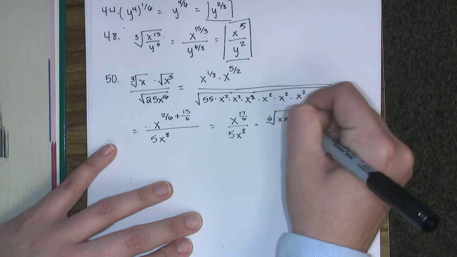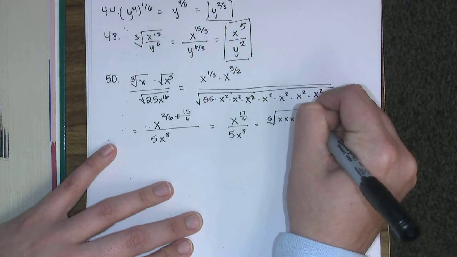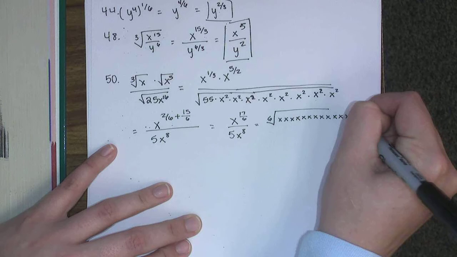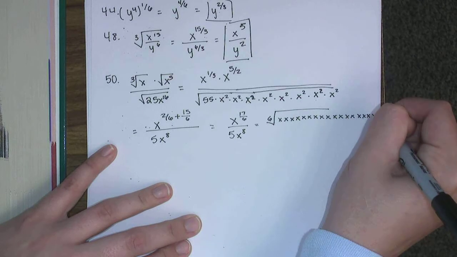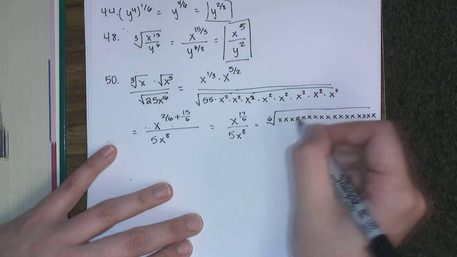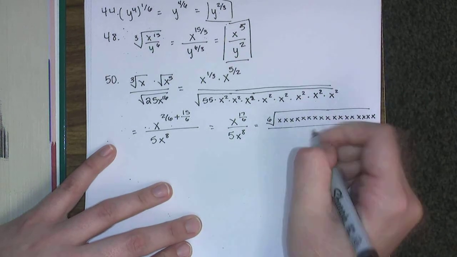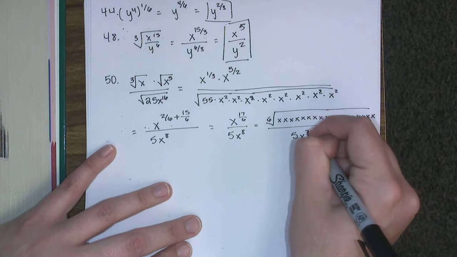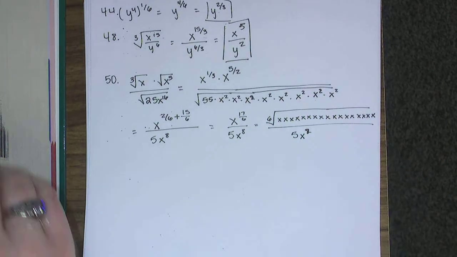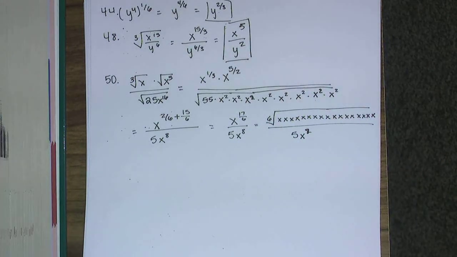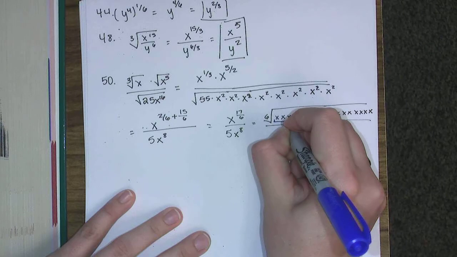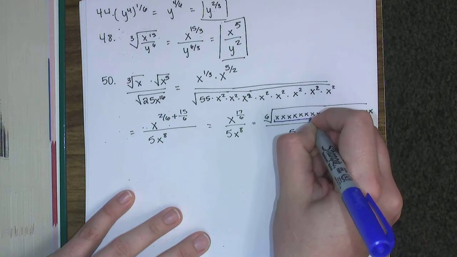That's a lot of x's, and I have to pull them out in groups of 6. I'm going to count them off in groups of 6 and see how many I can pull out. So, 1, 2, 3, 4, 5, 6. That's a group of 6. 1, 2, 3, 4, 5, 6. That's another group of 6. And I'm left with 1, 2, 3, 4, 5, so I can't pull any more out.